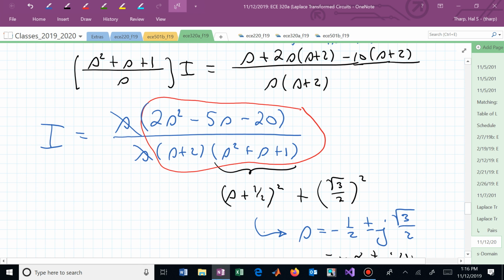is what happens to this in red as what? I've now multiplied it by s on the top, and I'm letting s go to infinity. What does that become? Two.